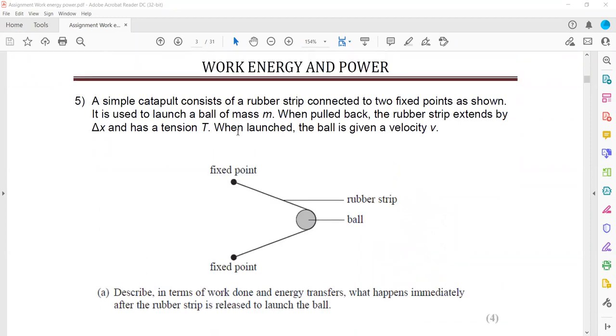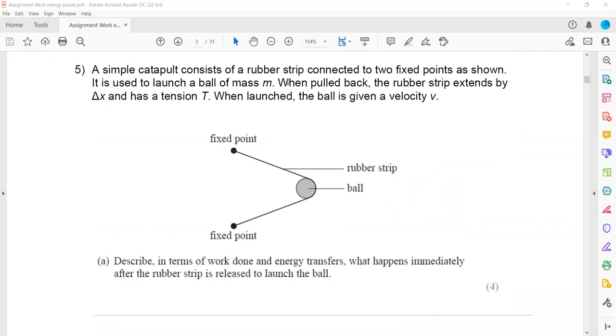Another question related to work done. A simple catapult consists of a rubber strip. So the catapult is there, and these are the fixed points. A ball is placed, connected to two fixed points as shown. It is used to launch a ball of mass m.